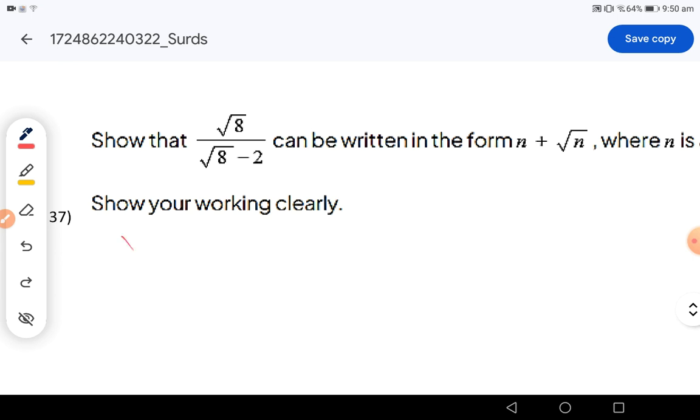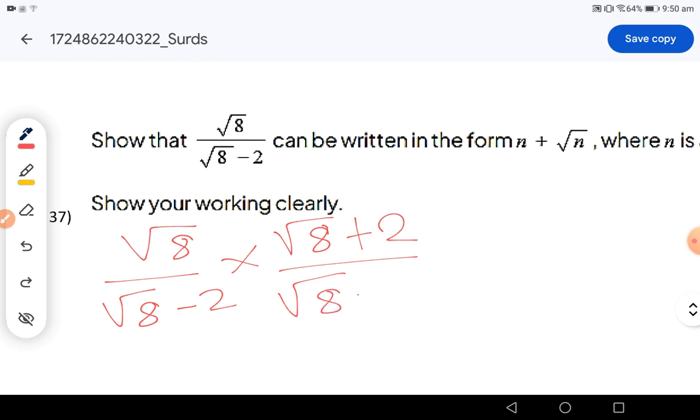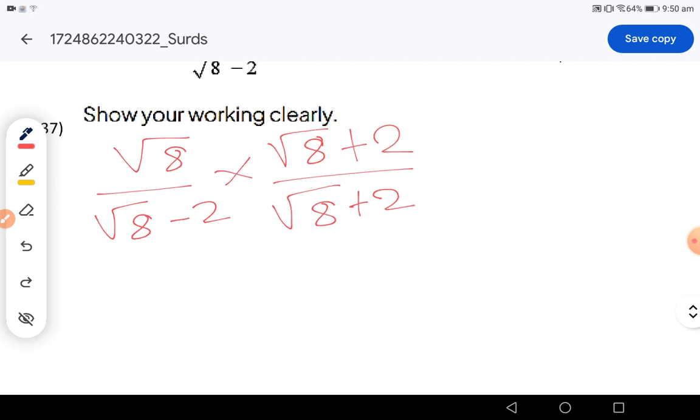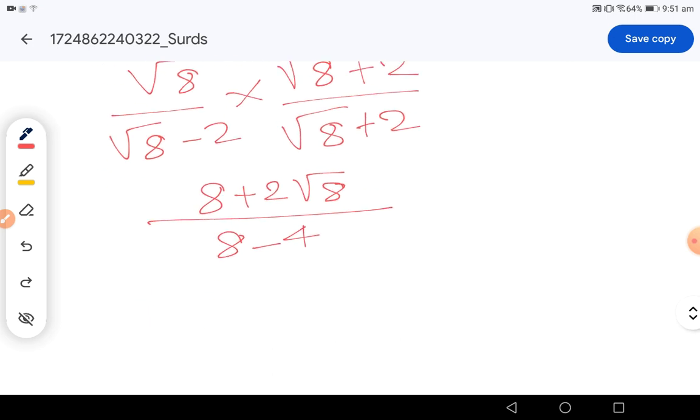So for root 8 by root 8 minus 2, multiply by root 8 plus 2 over root 8 plus 2. Root 8 times root 8 is 8, plus 2 root 8, by 8 minus 4. So 8 plus 2 root 8 by 4.